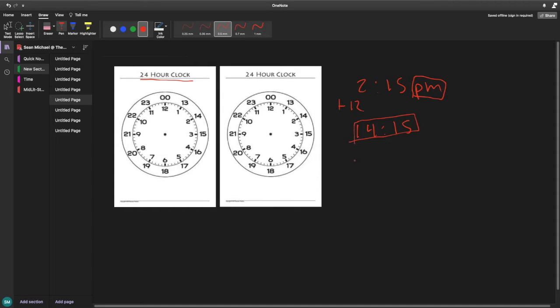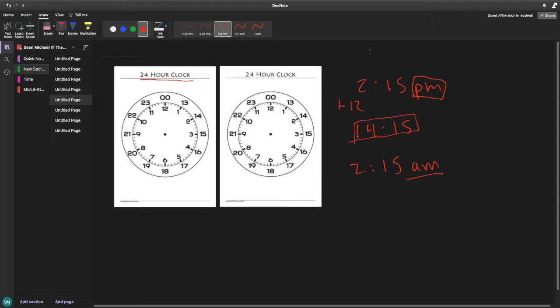Now, if this was an AM, if we had 2:15 AM, we would not add 12 because it's AM. It's still in the first cycle, and that means that you don't reset, because resetting occurs in the second cycle.